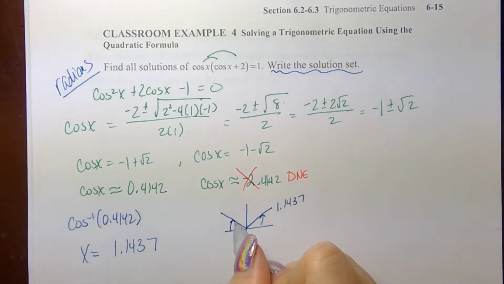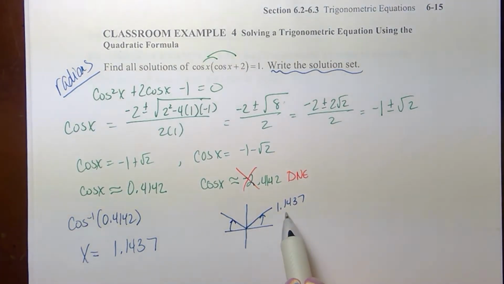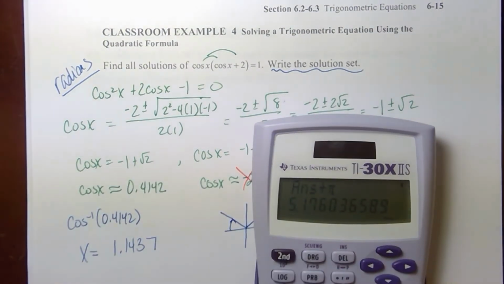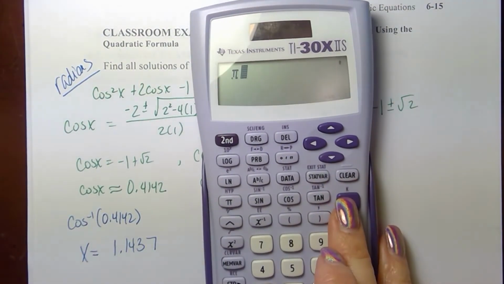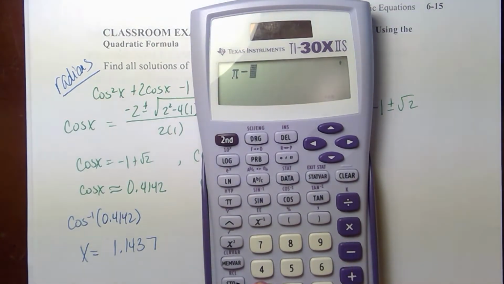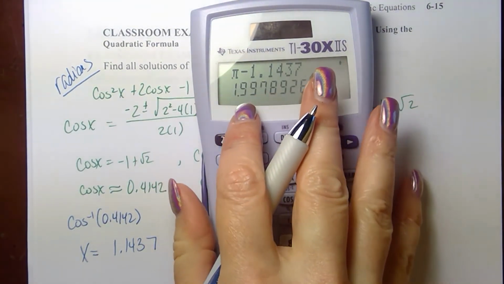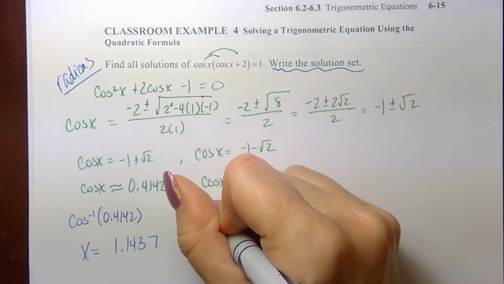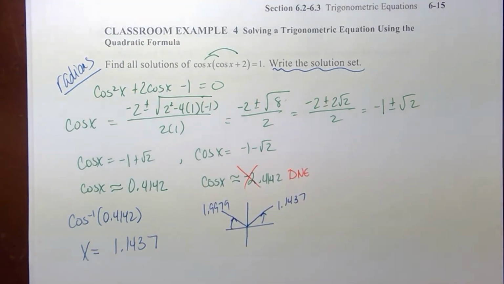And the value in quadrant 2 is going to be pi minus this many radians. So let's look that one up. If we do pi minus 1.1437, that puts us in quadrant 2 at 1.9979. Those are the two locations on my unit circle.